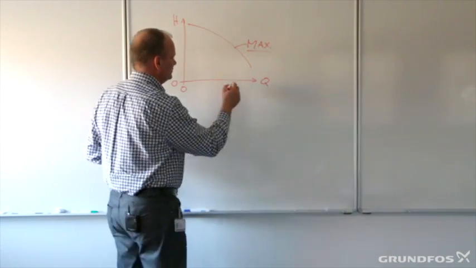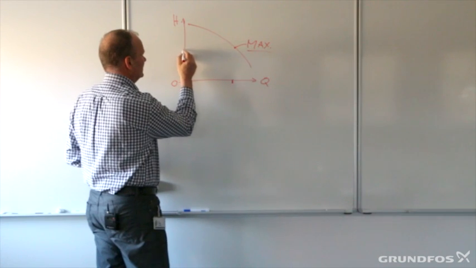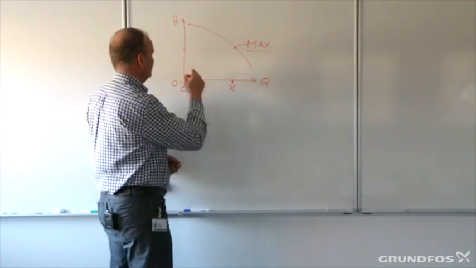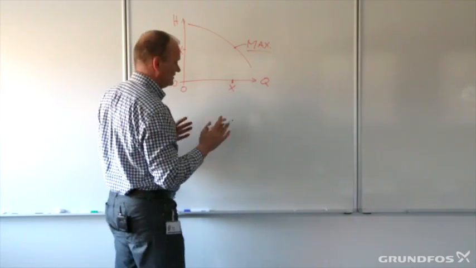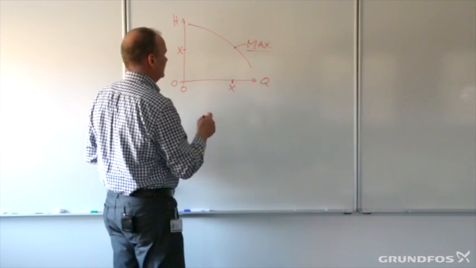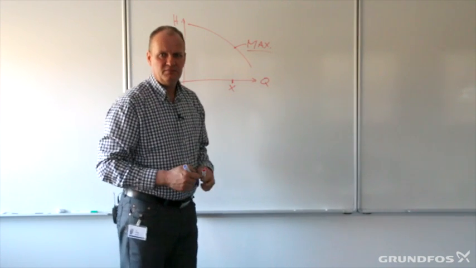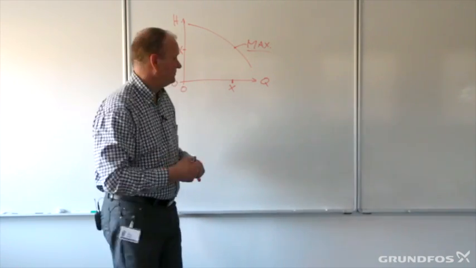But what we do is that when we have a maximum situation where we need this amount of flow and this amount of differential pressure or head in daily terms, then we can tell the pump to operate based on what we call constant pressure.